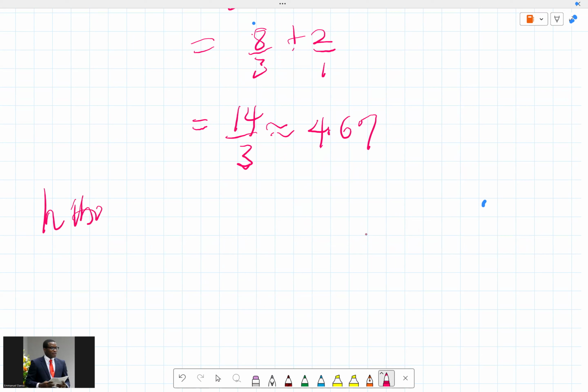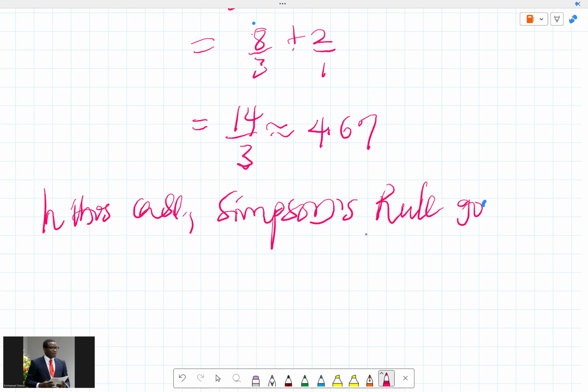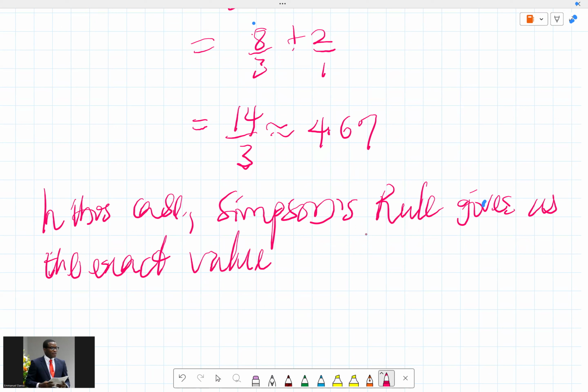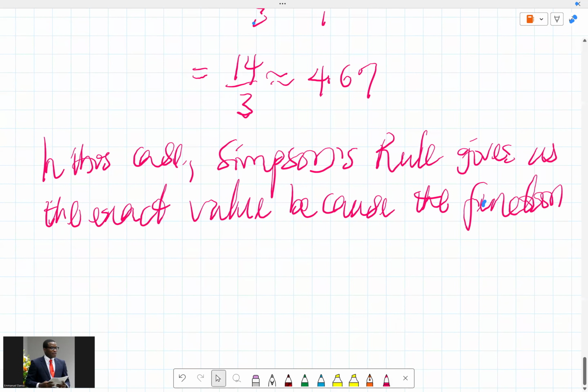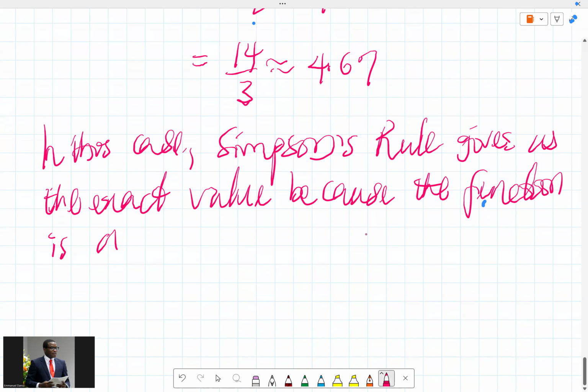So in this case, Simpson's rule gives us the exact value because the function is a simple quadratic.